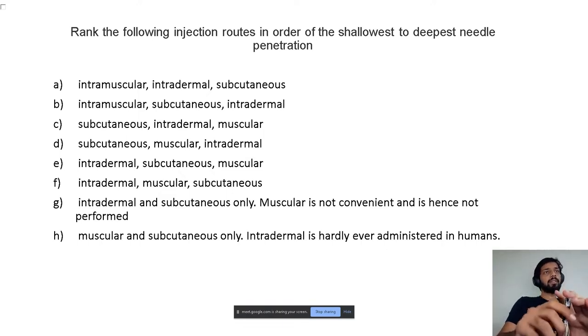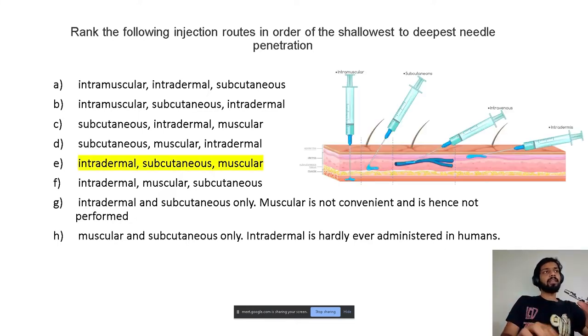You are correct in thinking that muscular is the most penetrating in terms of needle injections. But actually, intradermal comes much sooner than subcutaneous. So option E is the correct option. Intradermal injections do not go that deep.